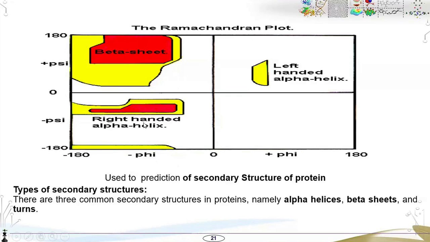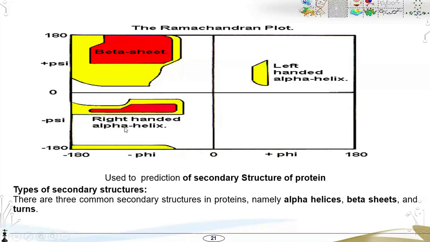After preparing a secondary structure of the protein using software, if you determine the Ramachandran plot, the alpha helix should fall in this region, 0 to minus 180, for both psi and phi.